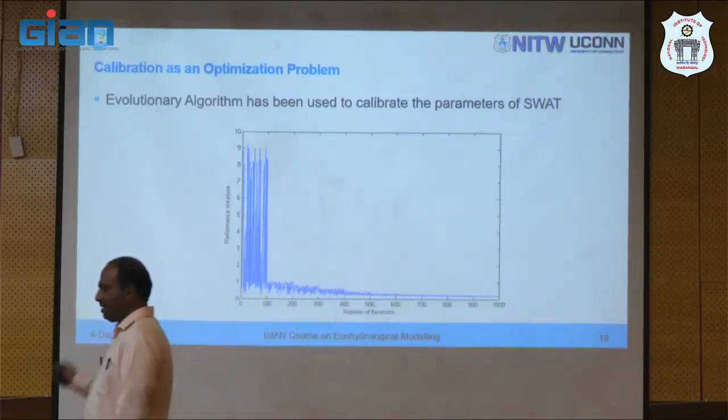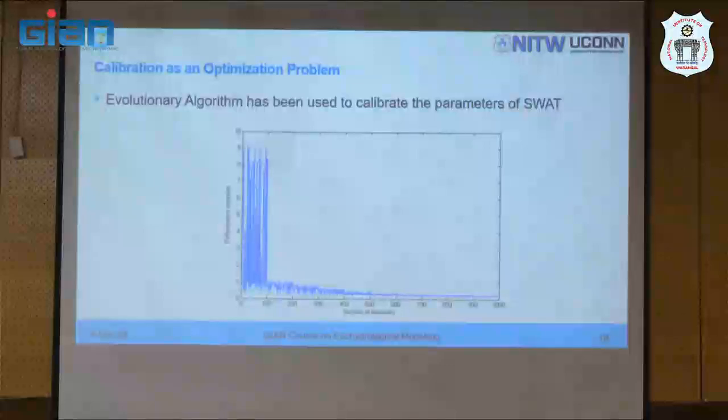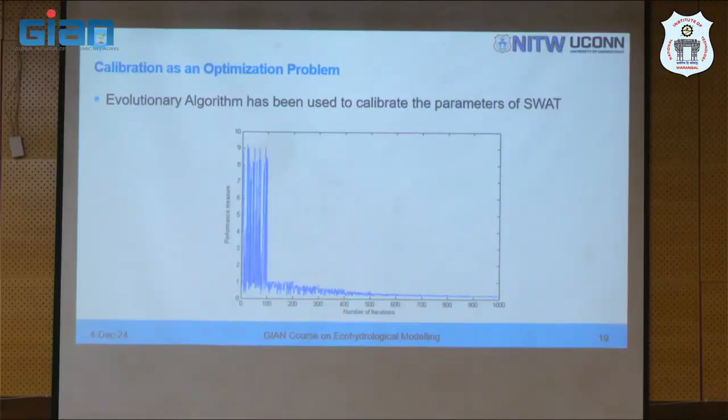So many times in this optimization process, your optimizer does not know what the actual representation of the system is. Only the modeler knows. Your optimizer does not care whether the curve number of a particular land use is 65 or 80. It adjusts it so that my output is matching, right? So we should be careful while doing auto calibration.